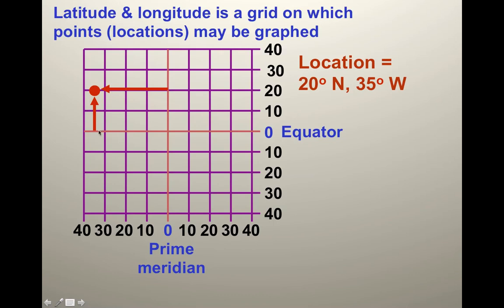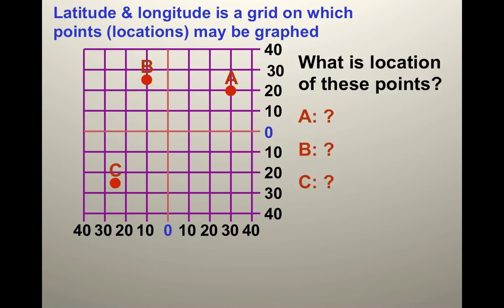Equator, 0 degrees, 10 degrees, 20 degrees north. That's our latitude. Now let's find our longitude. We've got 0, 10, 20, 30, 35. We're west of the prime meridian, so our location for this point would be 20 degrees north, 35 degrees west.